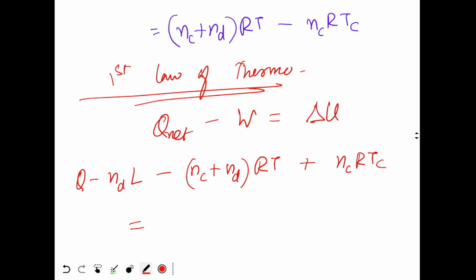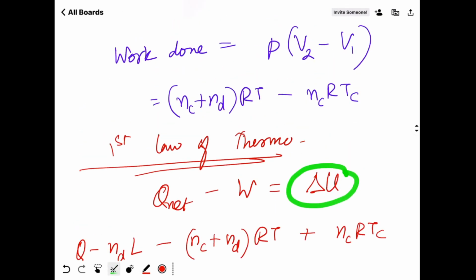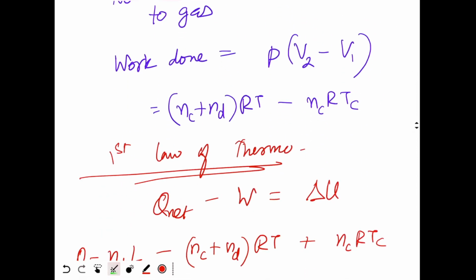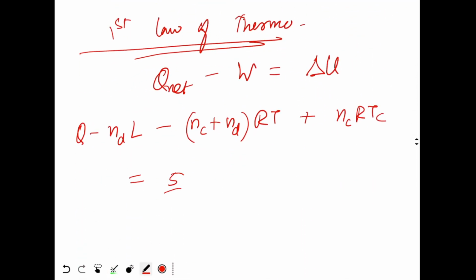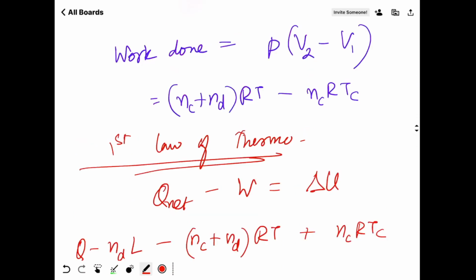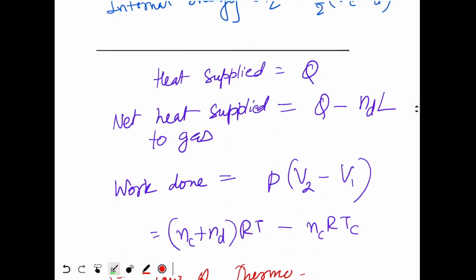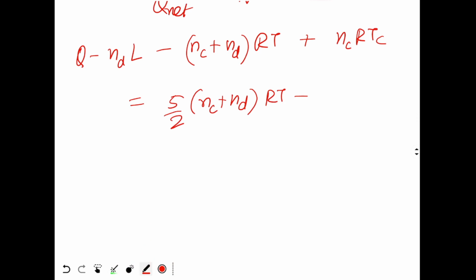This is equal to delta U, which means U2 minus U1. So U2 is 5 by 2 (NC plus ND) RT, minus U1, which is 5 by 2 NC R Tc plus 5 by 2 ND R Tc.